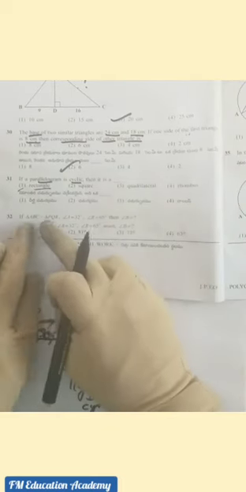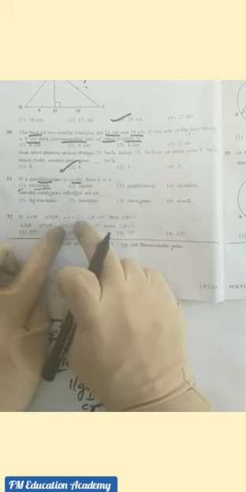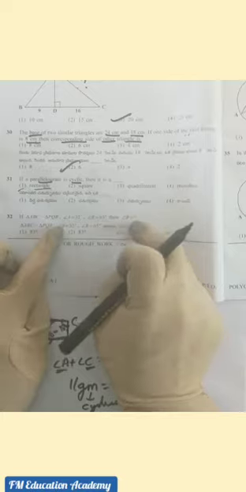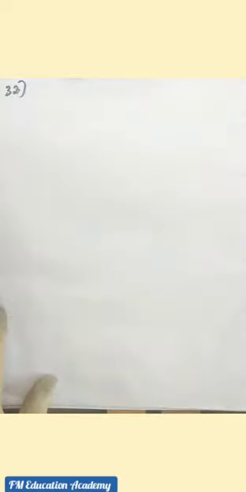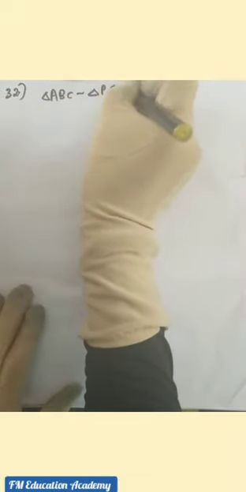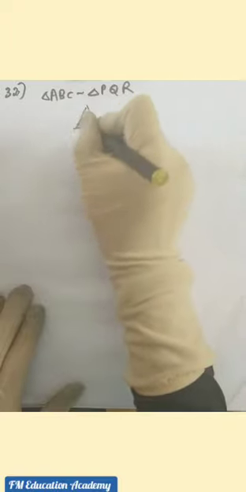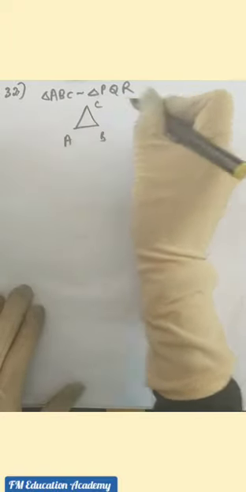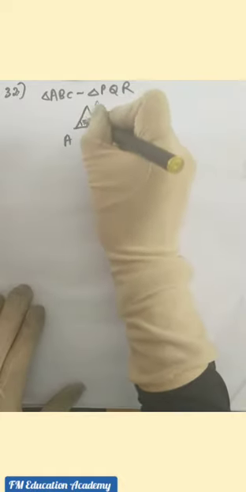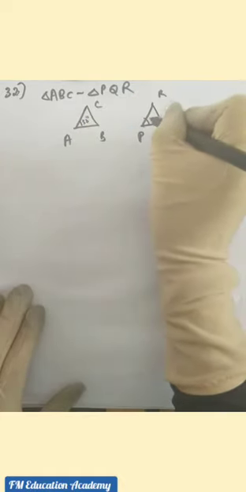32nd question. If triangle ABC is similar to triangle PQR, angle A is equal to 32 degree, angle R is equal to 65 degree, then what is the value of angle B? It's given triangle ABC is similar to triangle PQR.